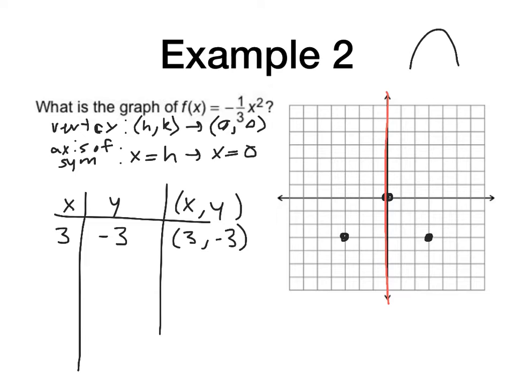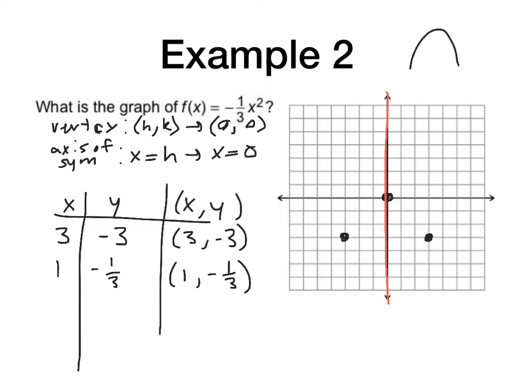We can also plug in 1. What's 1 squared? 1. And what's 1 times negative 1/3? We can just say negative 1/3. So what's another point we're going to have on this graph? 1, 1 comma negative 1/3.